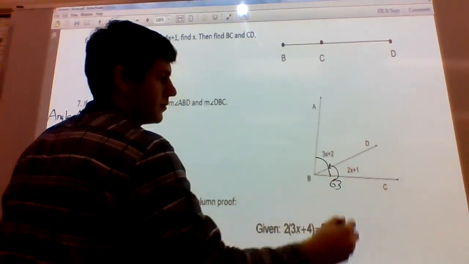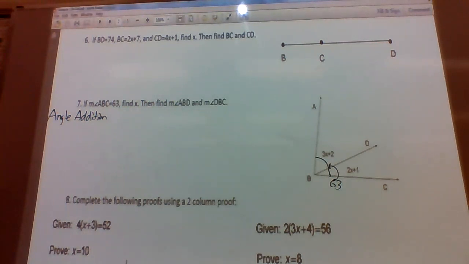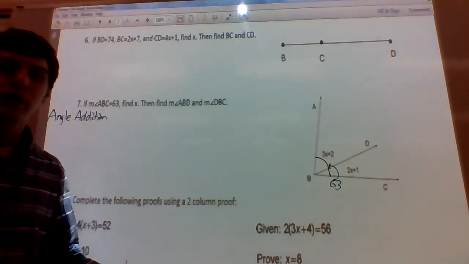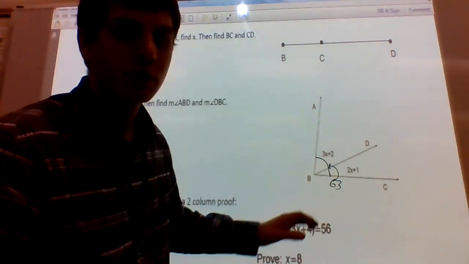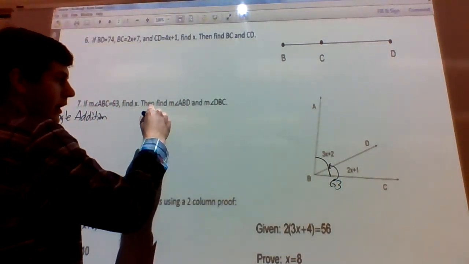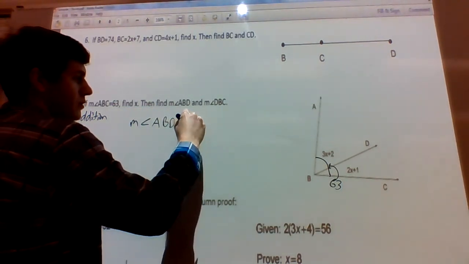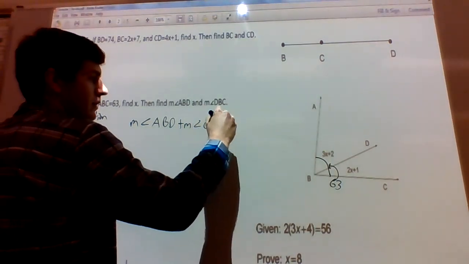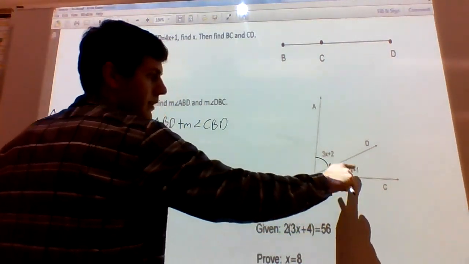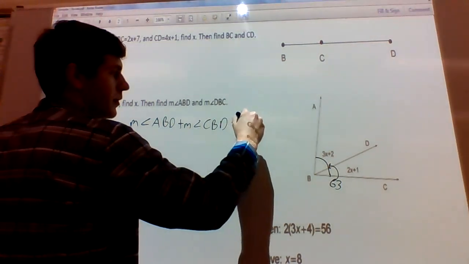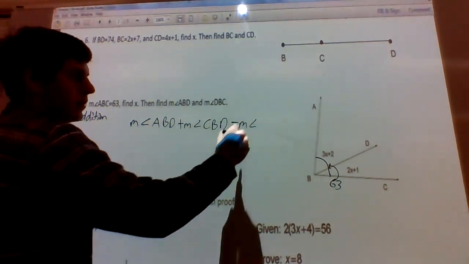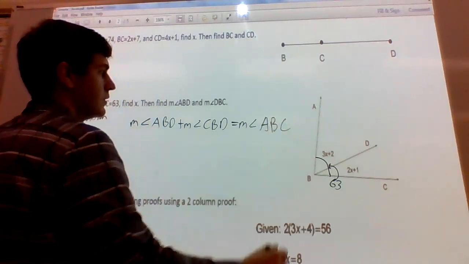The measure of angle ABD is 3x plus 2. And the measure of angle CBD is 2x plus 1. So same thing with segment addition. The two smaller angles add together to form the larger angle. So the measure of angle ABD plus the measure of angle CBD add together to equal the measure of angle ABC.